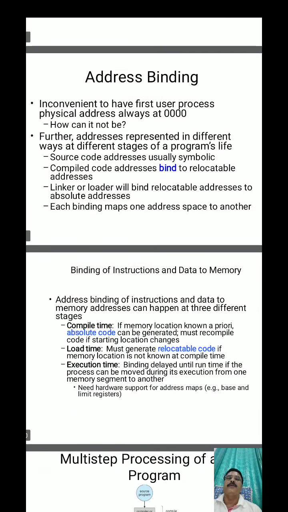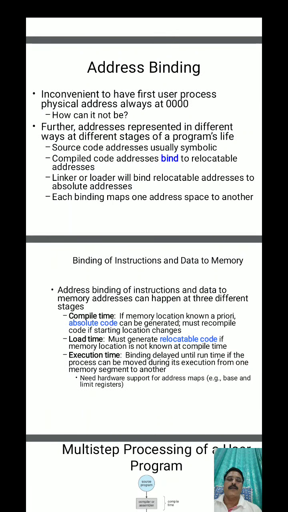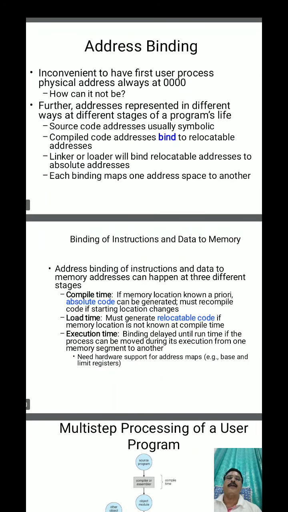For example, source code addresses are normally represented symbolically, whereas compiled code addresses are bound to relocatable addresses. The linker or loader will bind relocatable addresses to absolute addresses. Each binding maps one address space onto another.